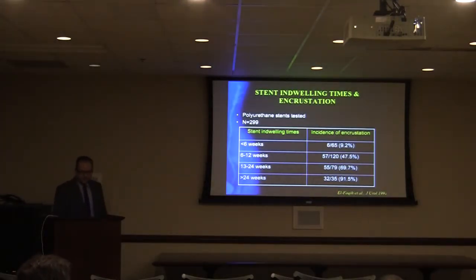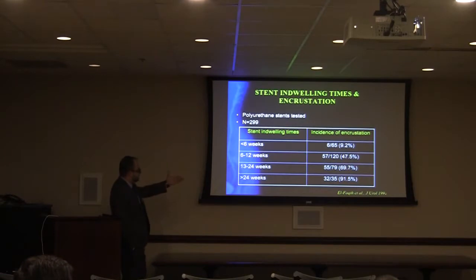It's basically been generally accepted that the longer you leave a stent, or even a catheter for that matter, in the urinary tract, the greater the likelihood that it will encrust. This is a study published in the 90s that shows exactly that.